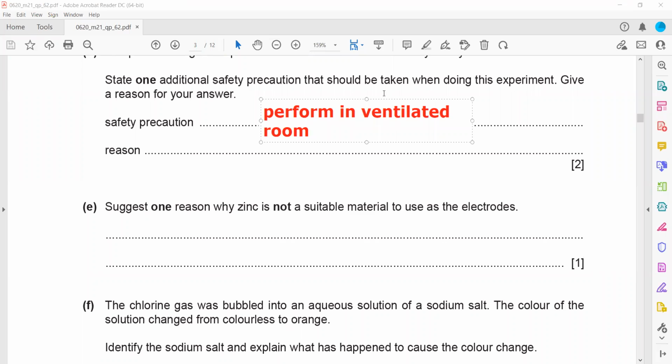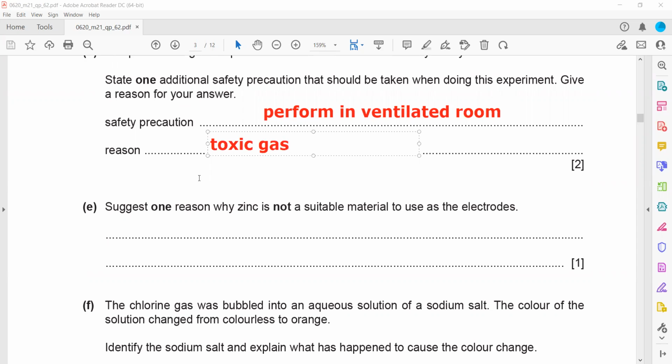The reason is, as I already mentioned, chlorine is a toxic gas or a poisonous gas.